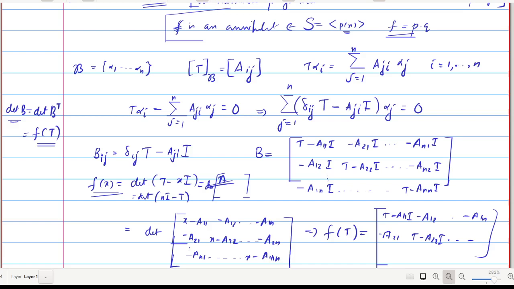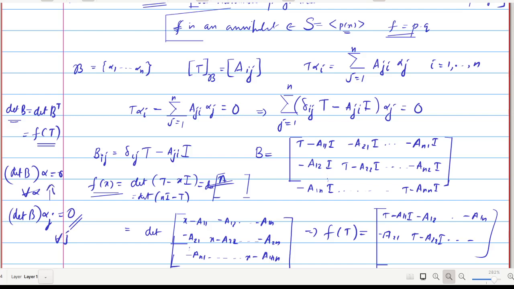We need to prove that the determinant of B applied to alpha equals 0 for every alpha. For this, it is enough to prove that the determinant of B applied to alpha j is 0, where alpha 1, alpha 2, etc., alpha n is a basis. If you prove this for all j, then you can easily get the result.